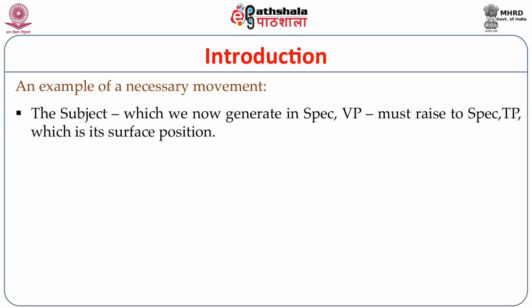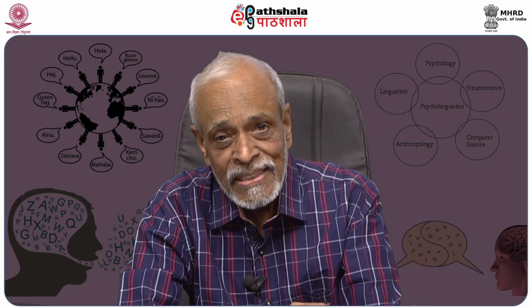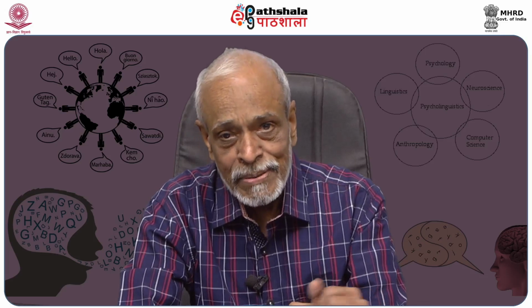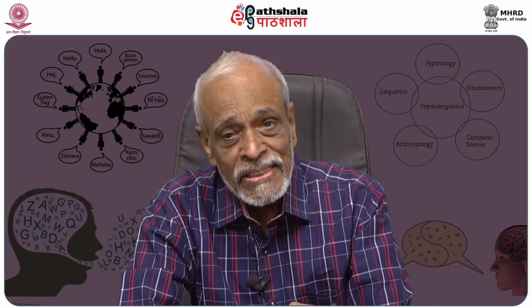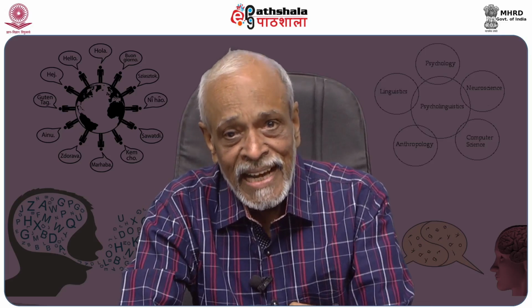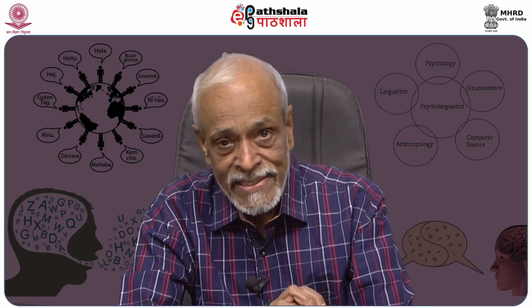So if the subject is generated within the VP, it has to move to its surface position, which is the spec position of tense, to the left of tense, because the subject always shows up before the tensed verb. So this is a necessary movement, at least in most of the world's languages.